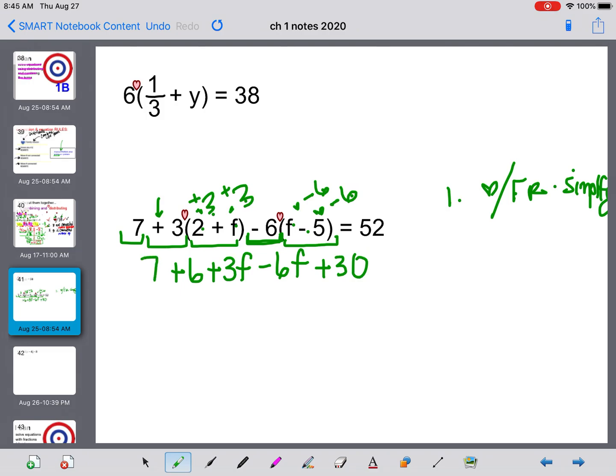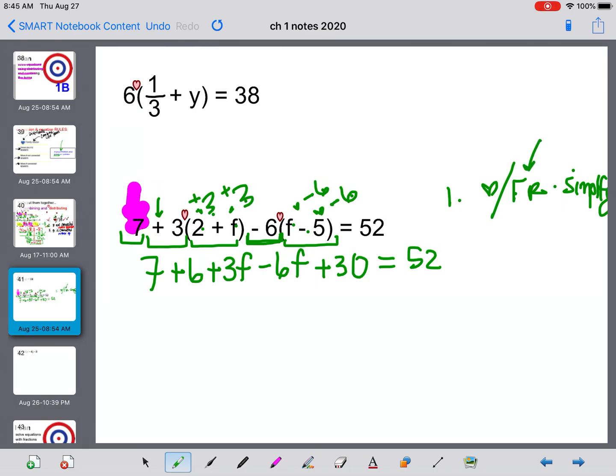And then this 7, this is a positive 6, and this 7 is just going to drop down right here. I haven't done anything with that 7 yet, but I will. Equals 52.